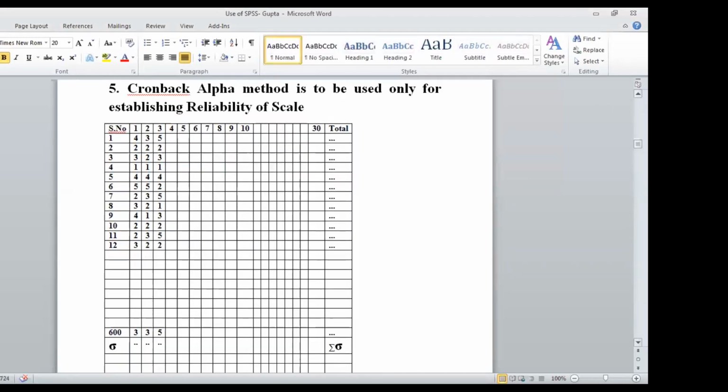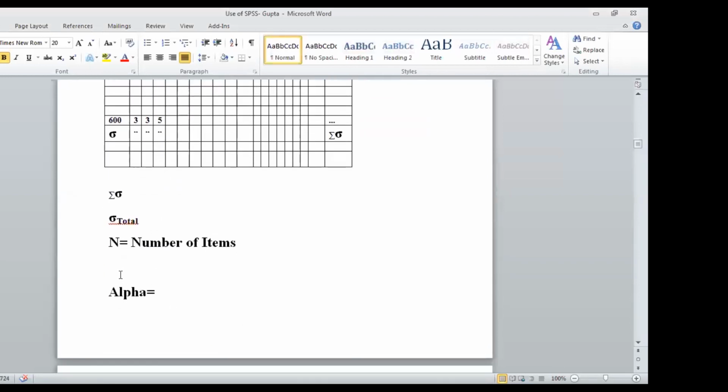So now, this is the formula which you can use.